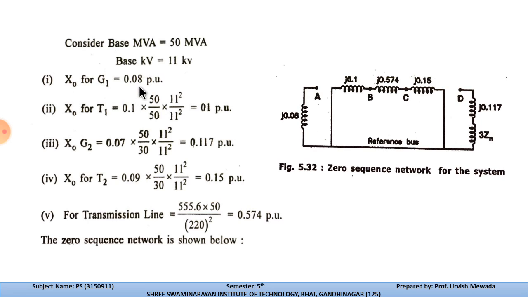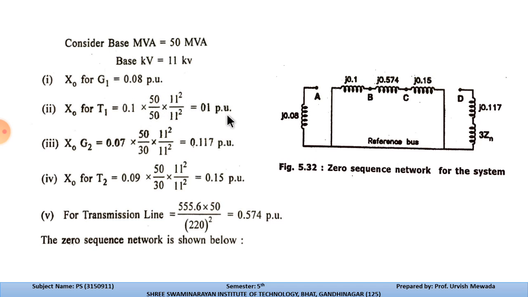So yes, we can write the equation for x0 for G1. It is 0.08, which is given in the data. And x0 for T1, this is the equation that we have already discussed in the previous case. This is the reactance of the given transformer T1, and this is the base MVA new to old, and this is the kV new to old.